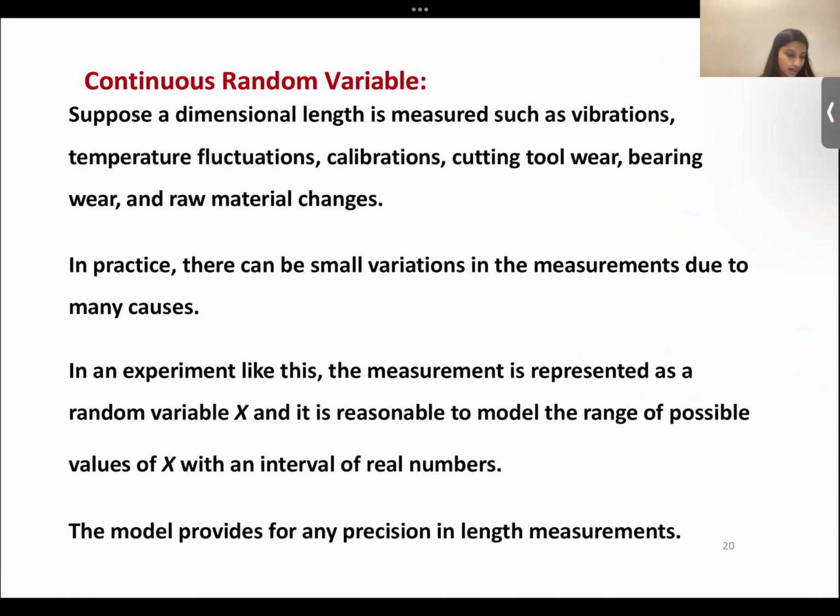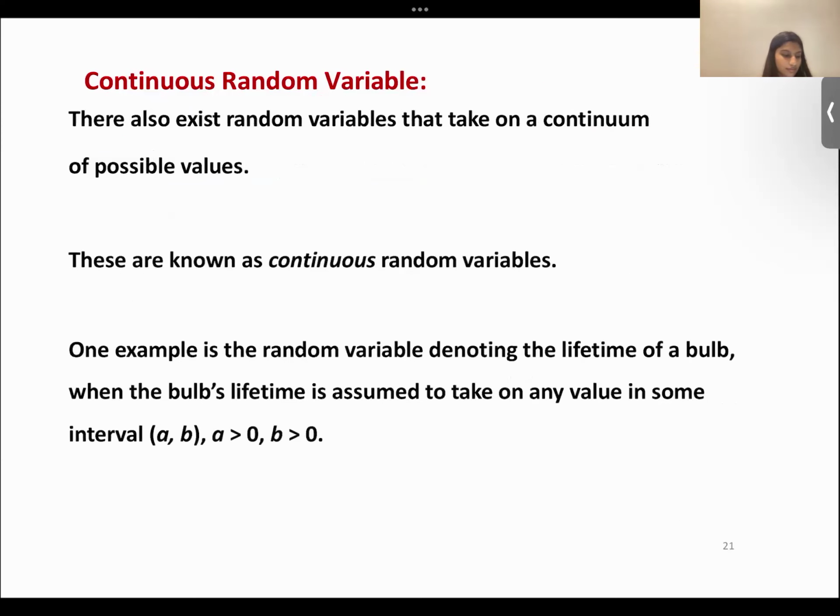Continuous random variables include things like dimensional length, vibrations, temperature fluctuations, calibrations, and raw material changes. All these continuous numbers exist on a continuum, with minute changes in the values.